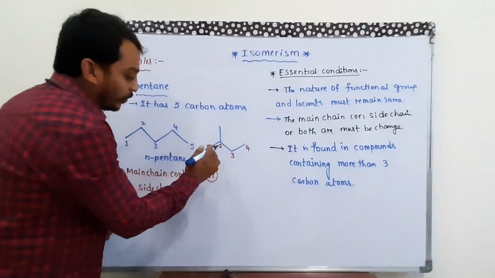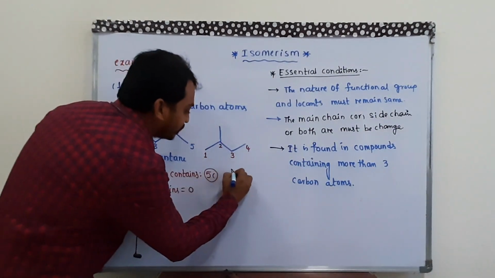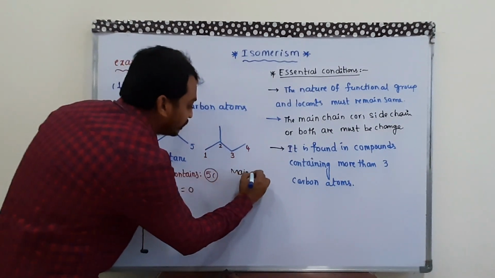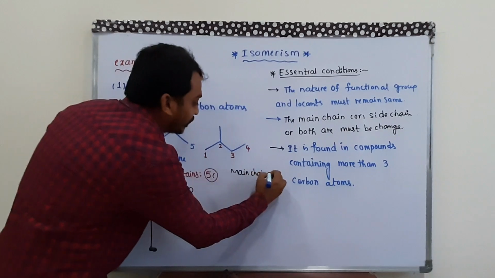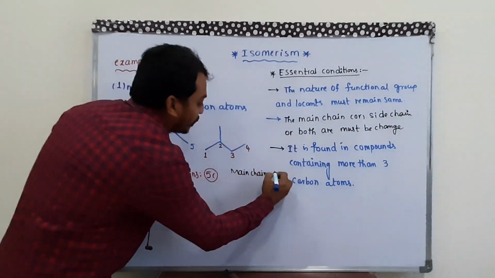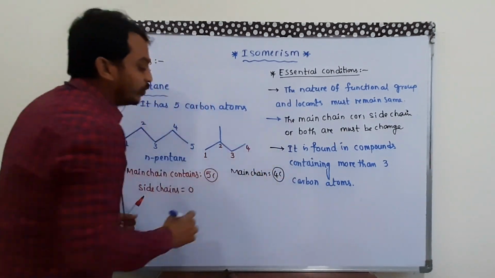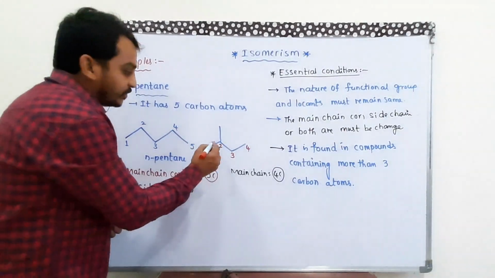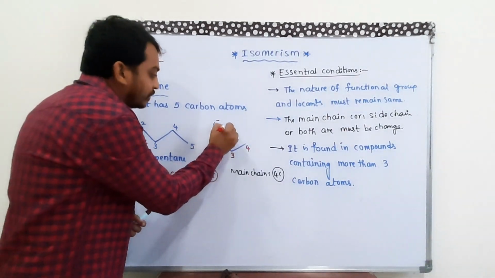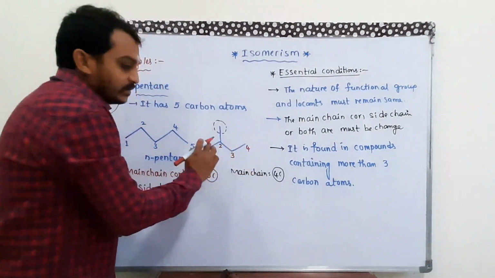Next, another compound. Here the main chain contains 1, 2, 3, 4 carbon atoms. These are the 4 carbon atoms. If you observe this, this one is considered as the main chain.